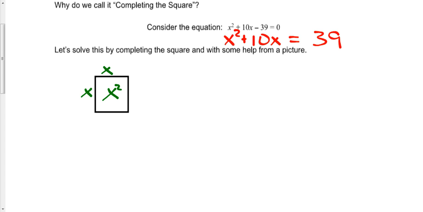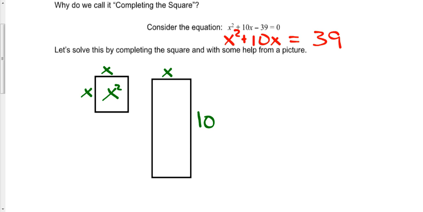And then I'm going to have a rectangle. Now, the side length of this is going to be x on this side. And what about this side? 10x, right? So that is that guy.